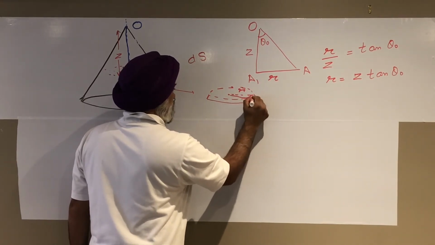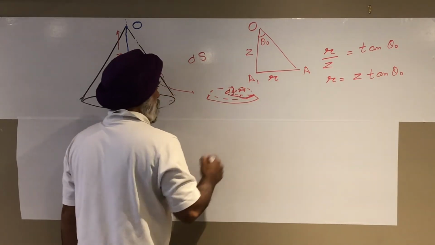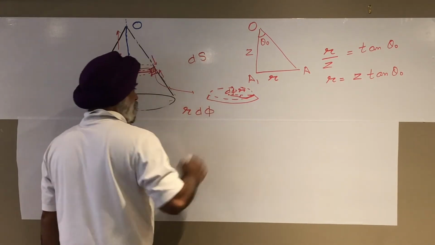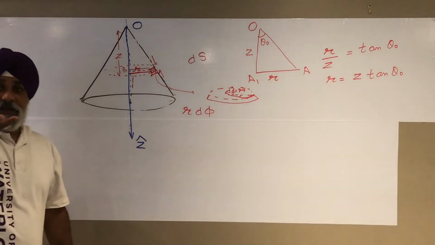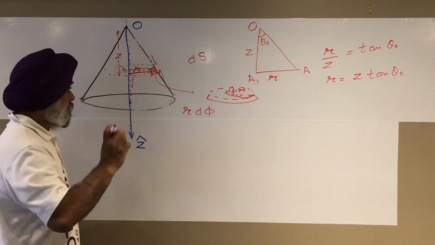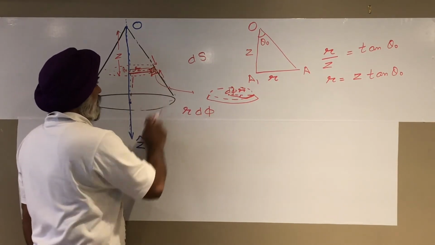So that length is just this arc length where I change the angle by a small amount. So that length is simply r d phi, defined in terms of the cylindrical coordinate system directly.